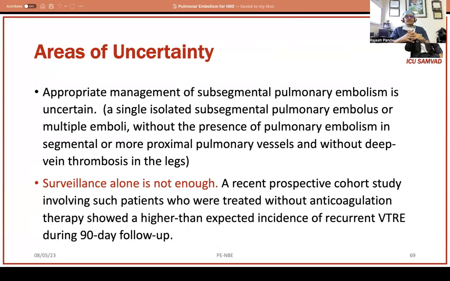Now, there are a few areas of uncertainty. One of them is subsegmental pulmonary embolism. Subsegmental means a single isolated subsegmental pulmonary embolus, or multiple emboli, without pulmonary embolism in either segmental or more proximal pulmonary vessels, and there is no DVT in the legs.